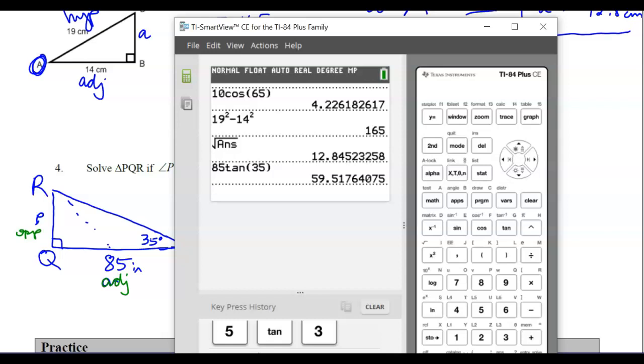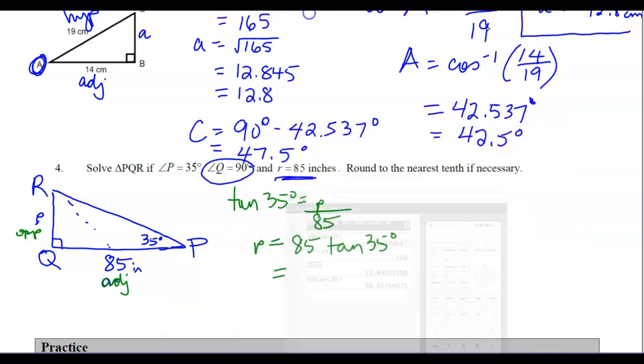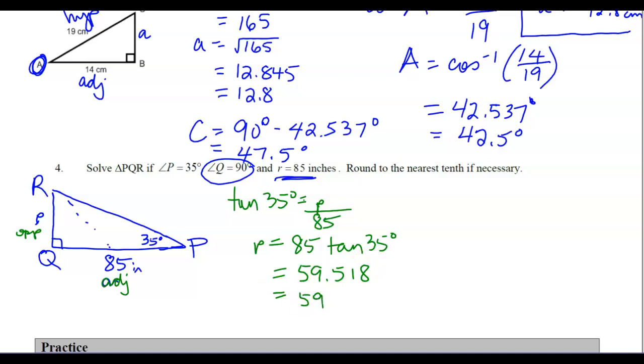So 59.518, which to the nearest tenth is 59.5, but I show both of them, because if you decided to use the Pythagorean theorem now, you would have to get the hypotenuse. You would not want to use the rounded version. You would want to actually use all decimal places.